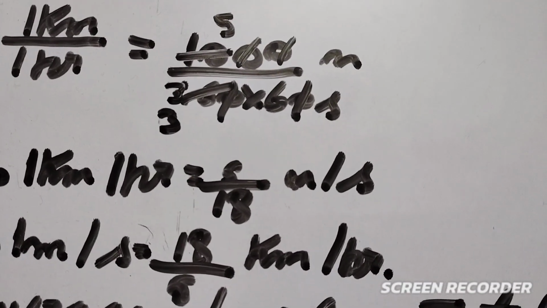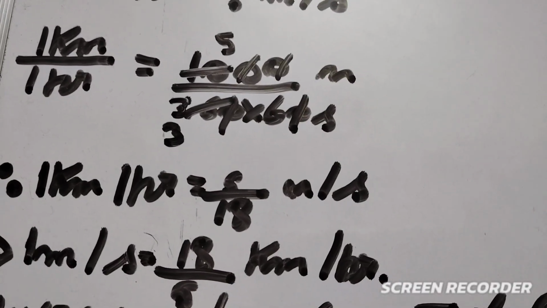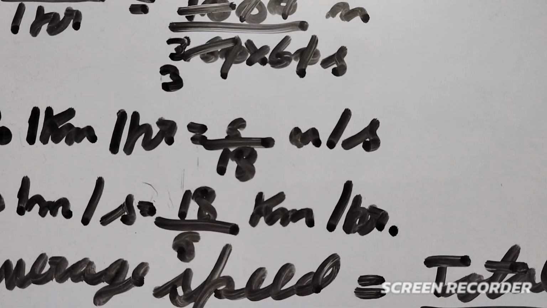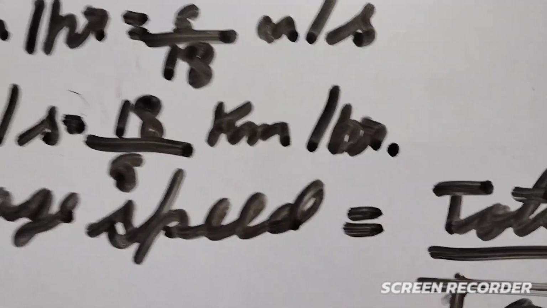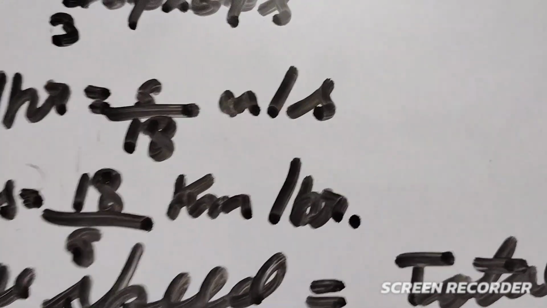But when we convert meter per second into kilometer per hour, vice versa, it equals 18 upon 5 kilometer per hour.